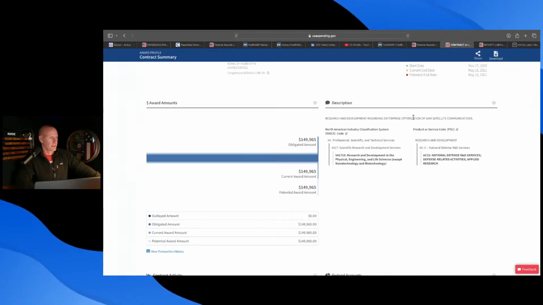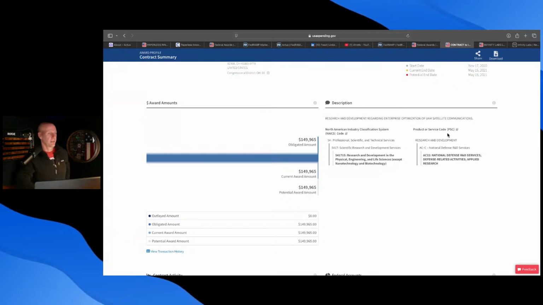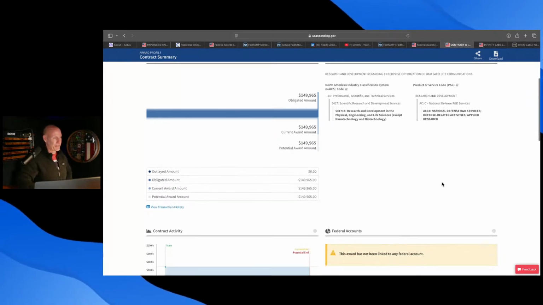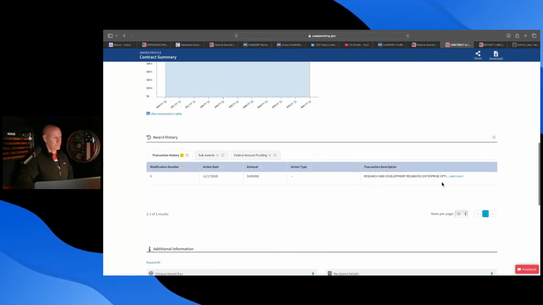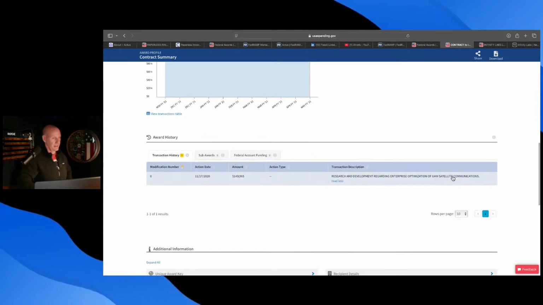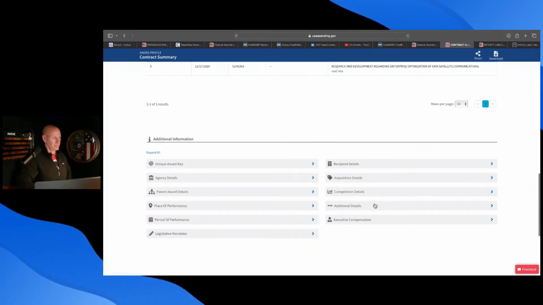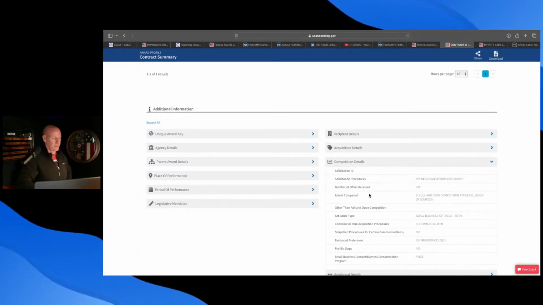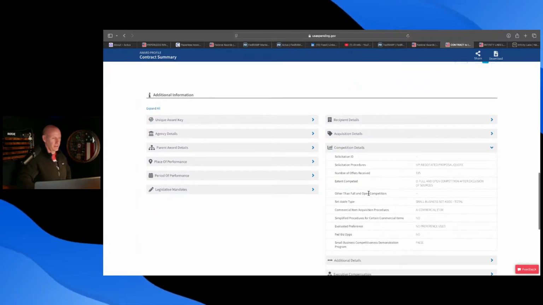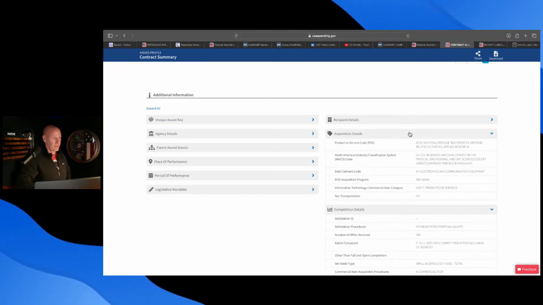Let's see, enterprise satellite communication research and development regarding enterprise optimization of satellite communications. Okay, so that's all they're giving you. 150,000. That's interesting. It's not a lot. So what are they delivering? Small business set aside for this one. Full and open competition, exclusion of sources. Look at how many offers were received. 335.